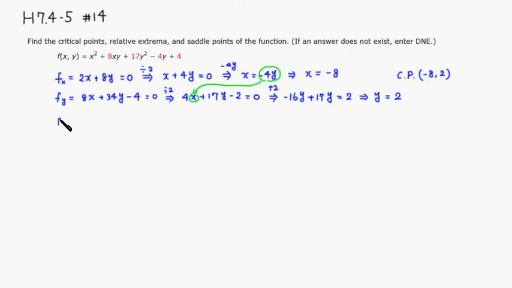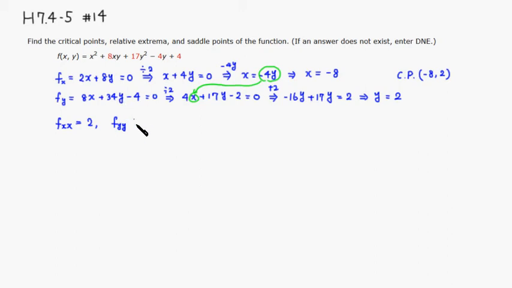Now we want to find second partials. We need the second partial with respect to x, so we take a partial of this guy with respect to x. That's going to be just 2. Then we take the partial of f with respect to y, double partial, and the derivative of that is 0.